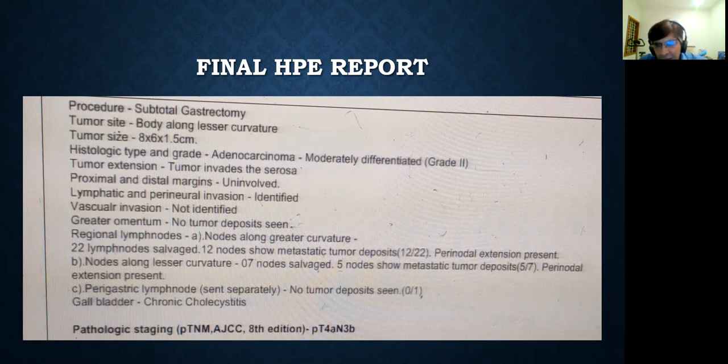Okay. See the thing is, neoadjuvant chemo. Pardon my ignorance, but if there is anything that I say wrong, correct me. Neoadjuvant chemoradiation in stomach, there are very good trials which show that there is benefit.